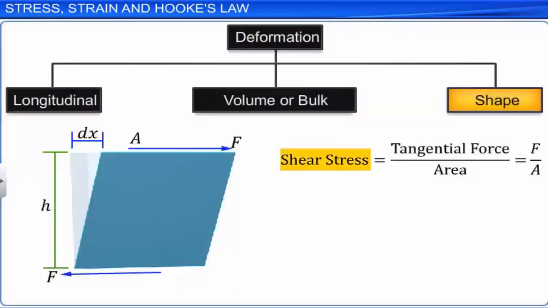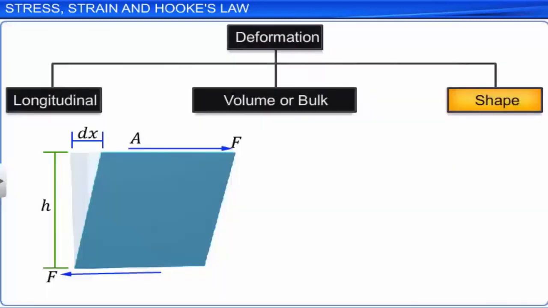For small angles, the value of tan gamma is nearly equal to gamma, and hence, for practical purposes, we consider gamma equal to dx by h. This gamma is the shear strain of the material of the body and is expressed in radians. The dimension perpendicular to the faces under the action of deforming forces rotates through a small angle gamma. The shear strain is equal to the value of gamma expressed in radians.